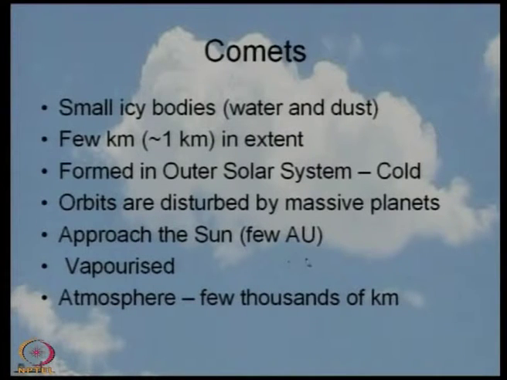Some of them may move out of the solar system, some of them may move in, and those that move in will approach the sun, and if they approach the sun within a few astronomical units, then the ice gets vaporized.